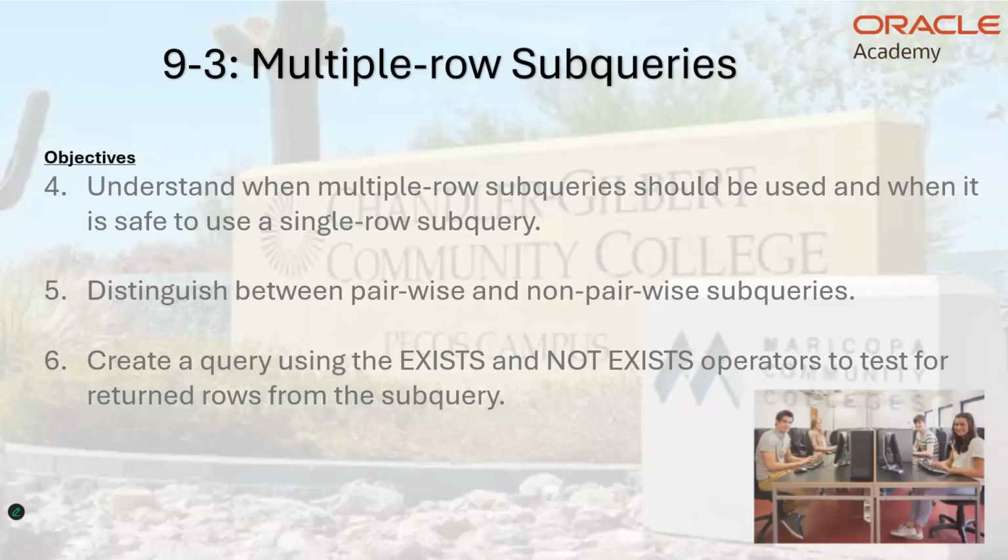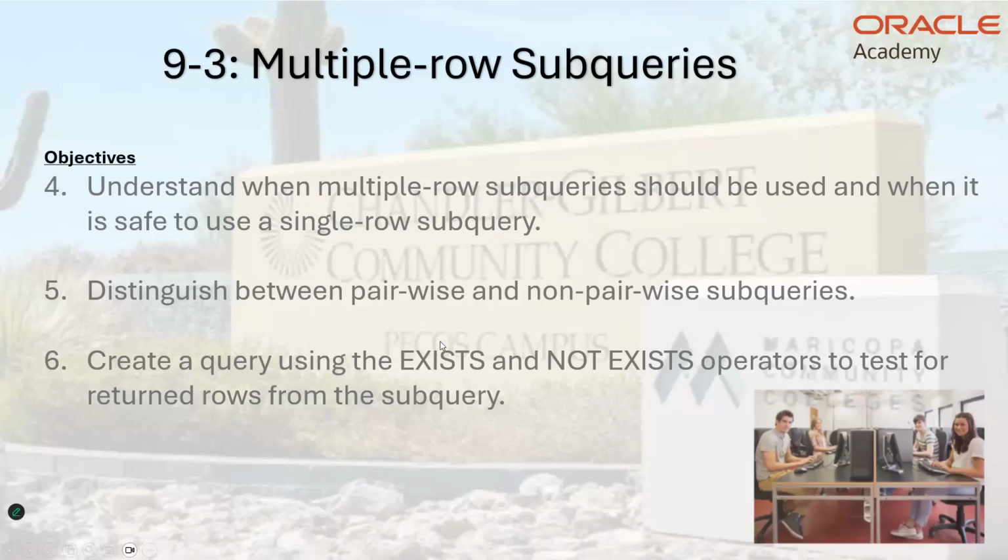And I'll give you a general rule of thumb. Most of the time, you're going to be running a single row subquery because you're looking for a single value, not multiple values. I'd say about 90% of the time I was running a single row. Multiple row subqueries are usually not that effective or efficient, so we'll see.